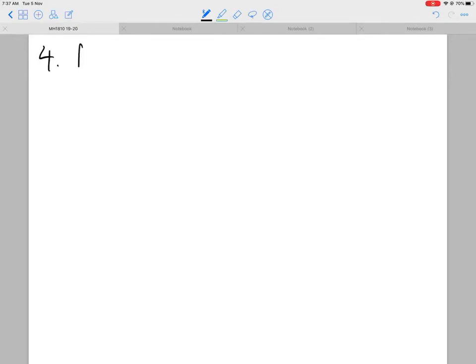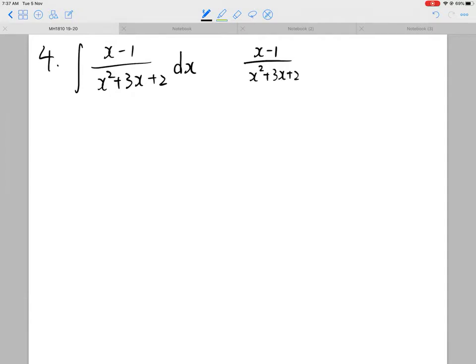Okay, problem 4. The integration of x minus 1 over this. Okay, so the idea is to change this to a sum of two fractions, because your bottom is x squared plus 3x plus 2, which is x plus 2 times x plus 1.